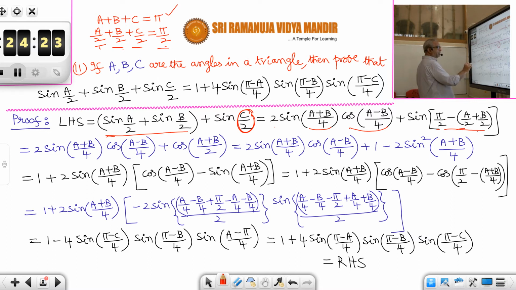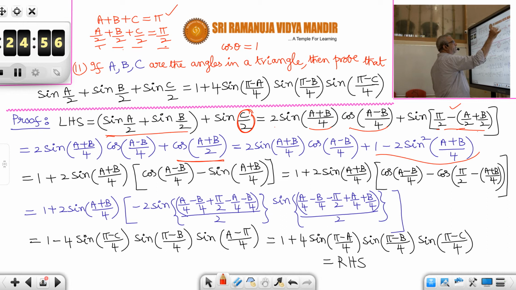So in the next step, the first term has no change: 2 sin((A plus B)/4) cos((A minus B)/4). In the second term, sin(90 minus theta), I am writing cos theta, so cos((A plus B)/2). This cos((A plus B)/2) becomes 1 minus 2 sin square((A plus B)/4). Do you know the formulas for cos theta? There are 4 formulas, of course.